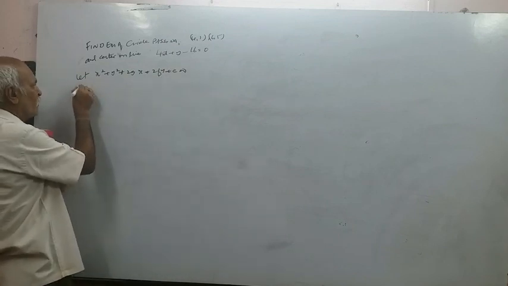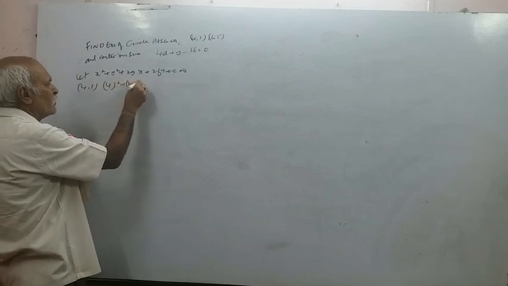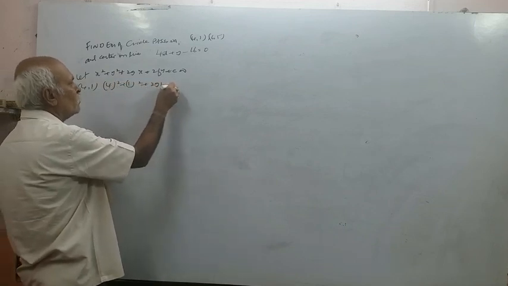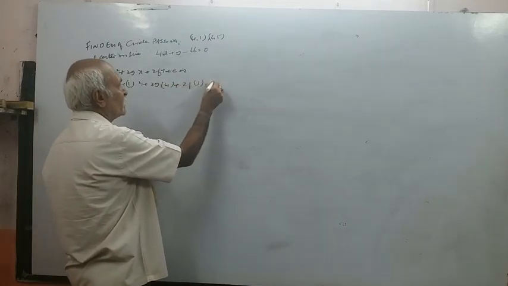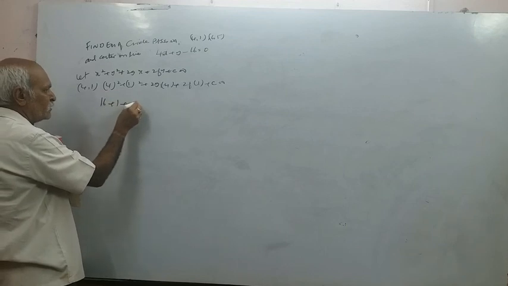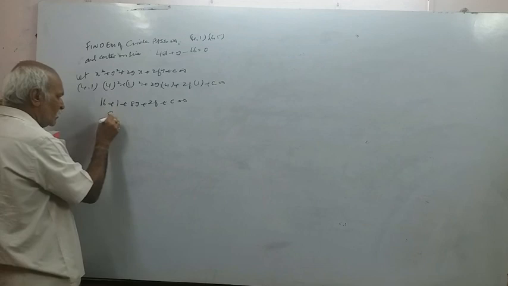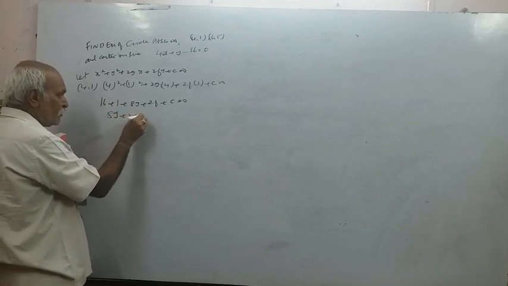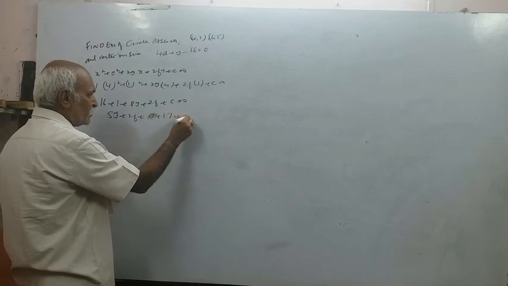Take the point 4 comma 1. So 4 square plus 1 square plus 2g into 4 plus 2f into 1 plus c is equal to 0. 16 plus 1 plus 8g plus 2f plus c is equal to 0. So 8g plus 2f plus c plus 17 is equal to 0.